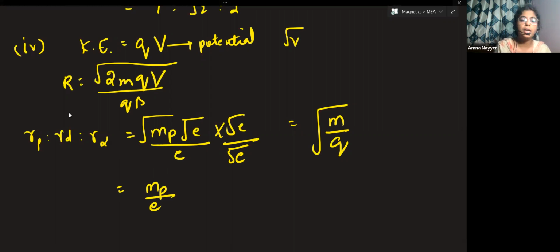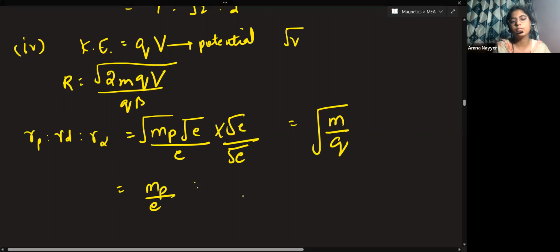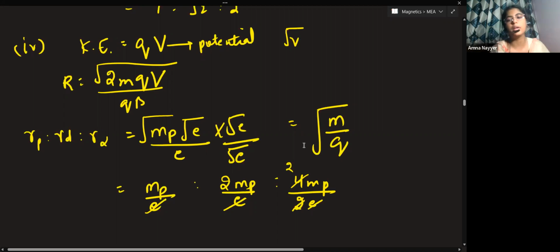Again, this becomes mp by E is to, second result, deuteron, 2mp by E is to 4mp by 2E. So E getting cancelled. Here we have 2. 1 is to 2 is to 2. You can write it in this way.